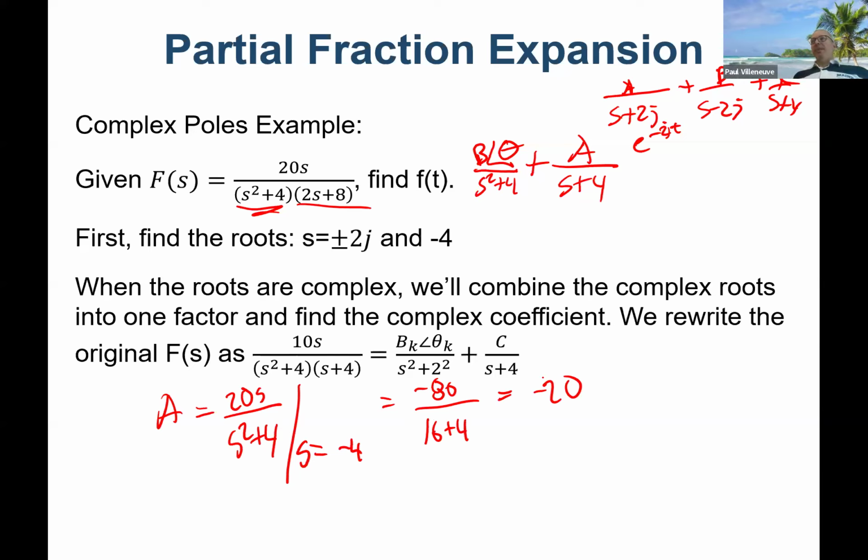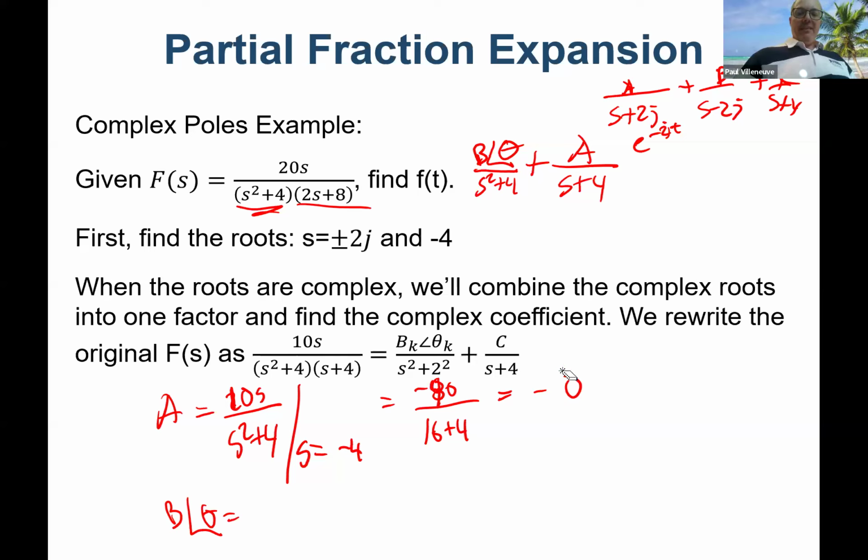To solve for b at an angle of theta is very similar, except we have two roots. We're going to solve for it using, I said 20 over s, it should be 10 over s, sorry. That should be 40.